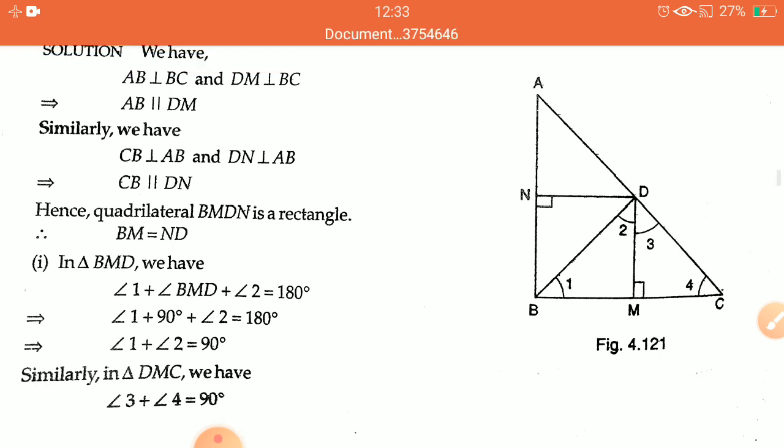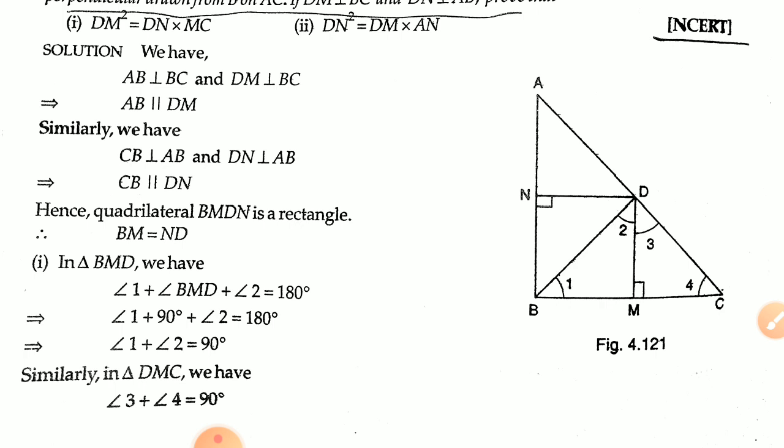Now AB is perpendicular to BC and DM is also perpendicular to BC. Means BC is perpendicular to AB as well as DM, and therefore AB and DM must be parallel.